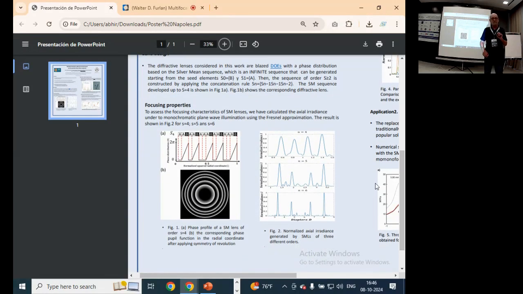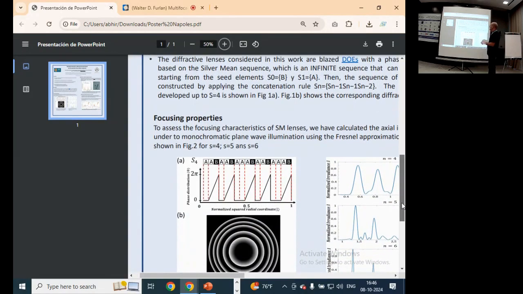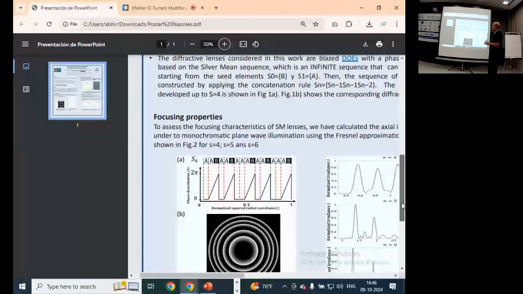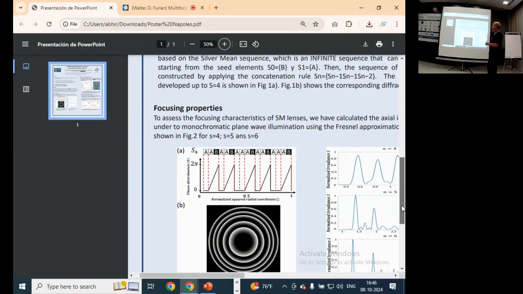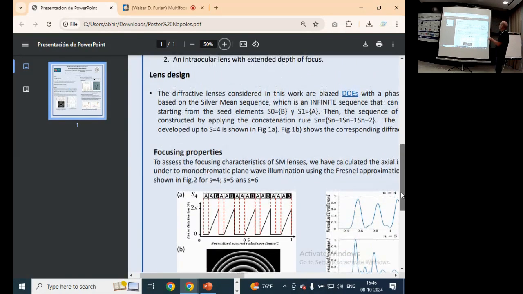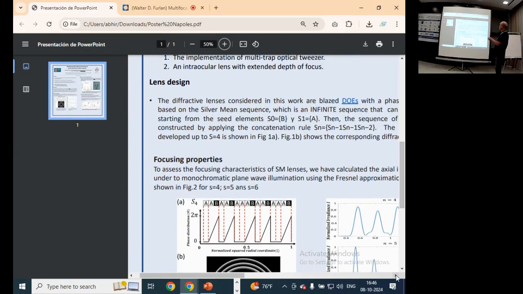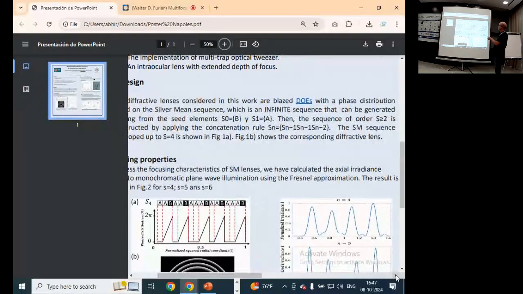I mean, they are given by only two single elements, which are represented as A and B. And the sequence is formed by the concatenation of different parts of the two seed elements of the sequence, which are A and B, and then the next elements in the sequence are given by this operation, which is the concatenation between the two first.